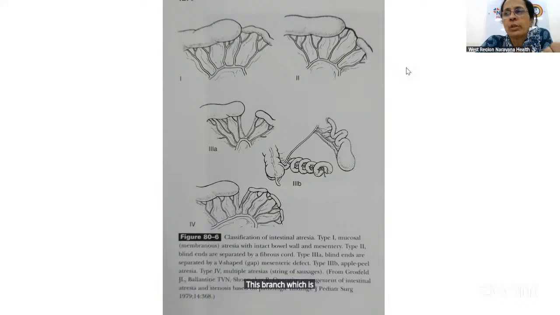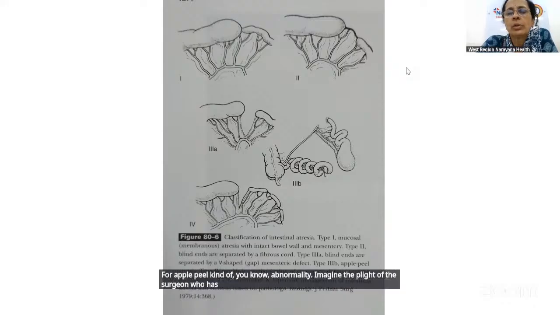This results in a Christmas tree or apple peel kind of abnormality.